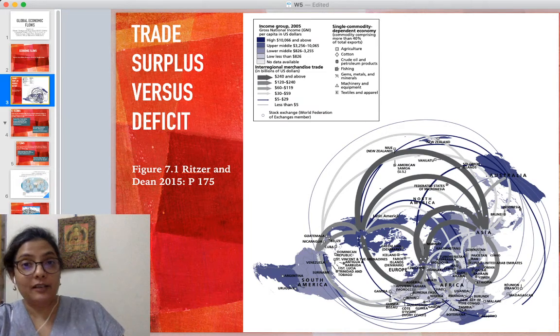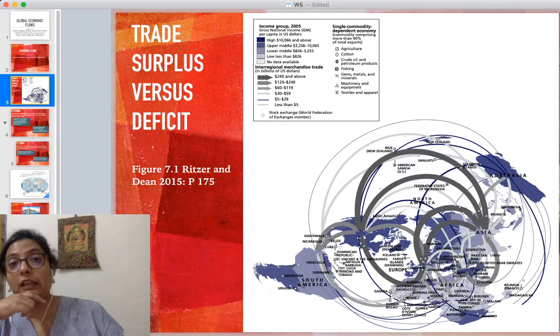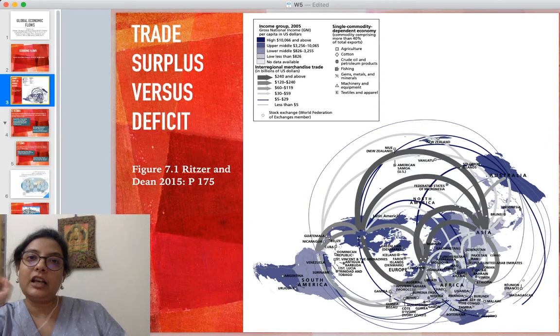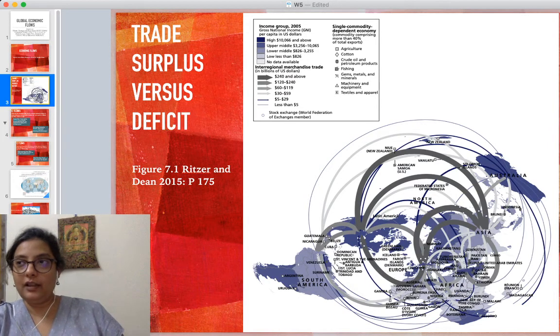It would be so interesting if we could have a similar image like this for, let's say, 200 years back, or 500 years back, or 1000 years back. What would a similar map of the world look like? Of course, we would find a very different picture. The shading for the countries would be different. The arrows would also be quite different.